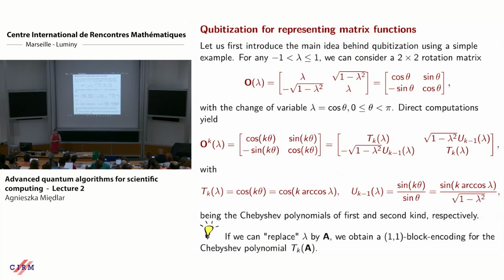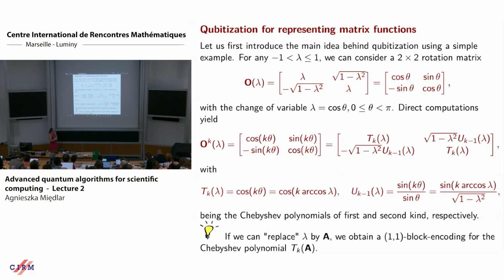The nice property: if I take the kth power of this matrix, due to the trigonometric properties, you will get this object. And then if you go back to your lambda definition, we get this matrix, which has a very nice structure.